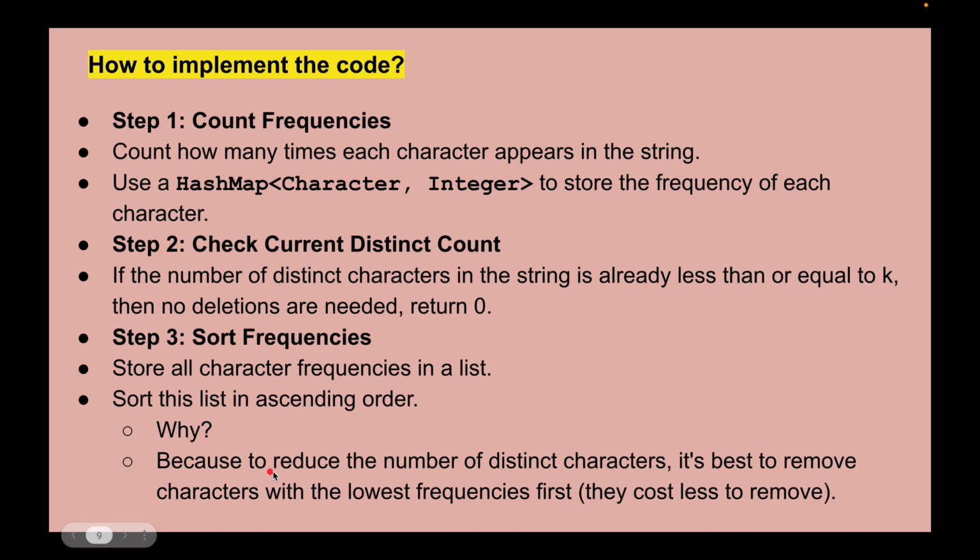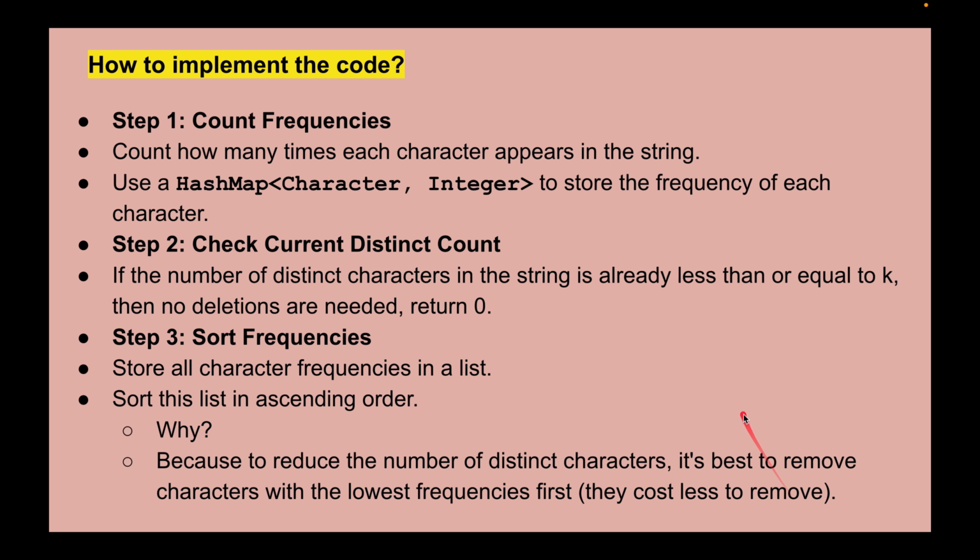Why? Because to reduce the number of distinct characters, it's best to remove the character with the lowest frequency first, so we do it in ascending order, right? And it costs less to remove.